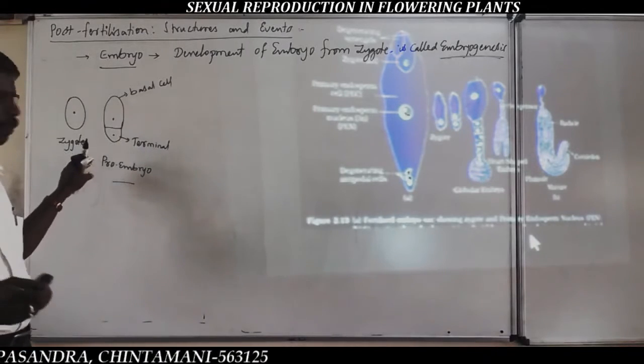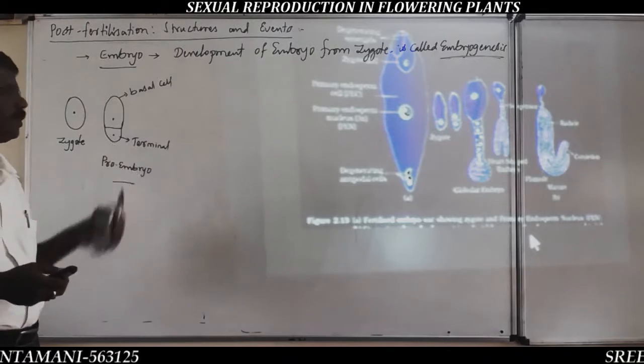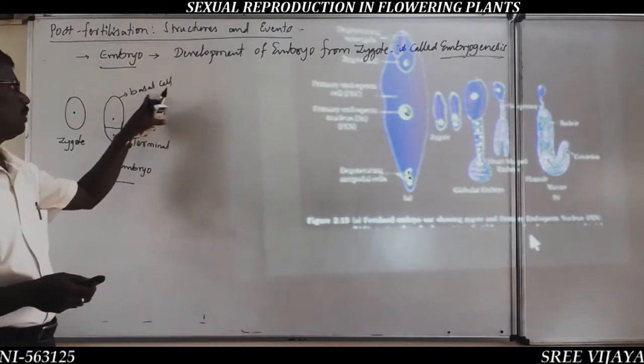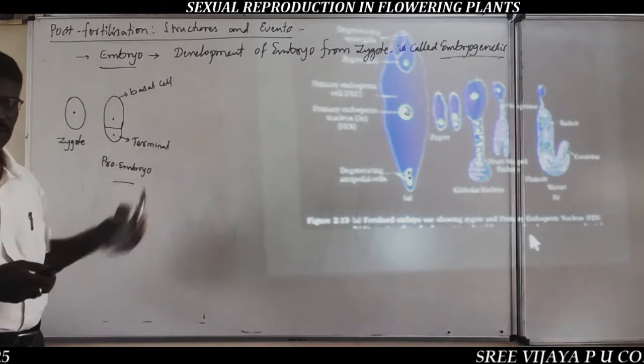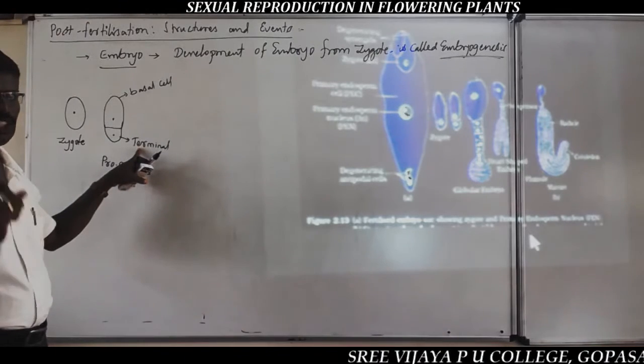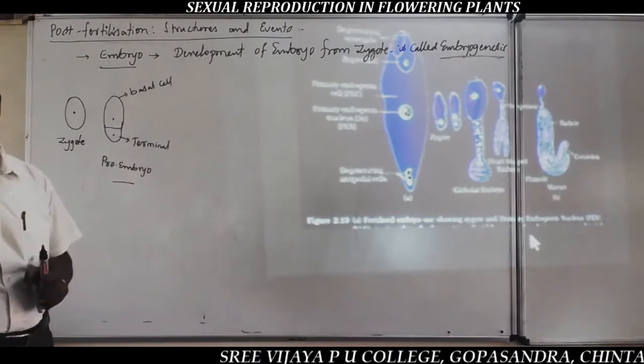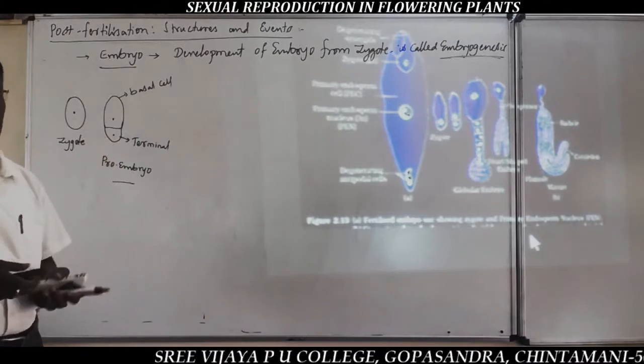The zygote developed into two cells, the proembryo, one basal cell and one terminal cell. The terminal cell is present towards the micropylar end, and the basal cell is present towards the chalazal end.